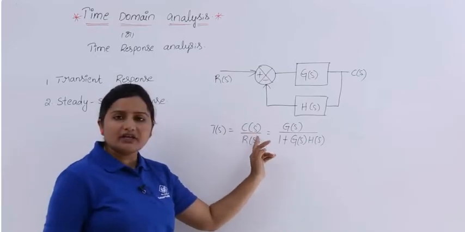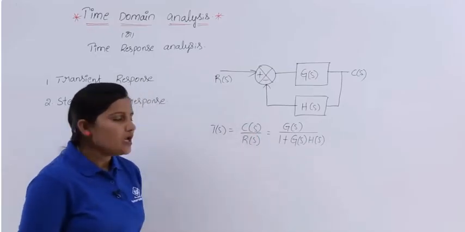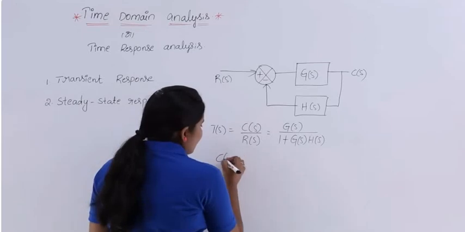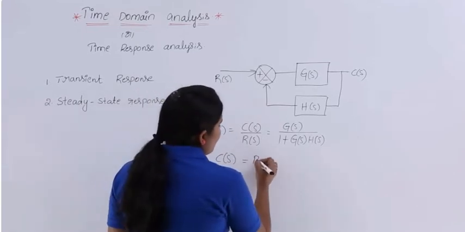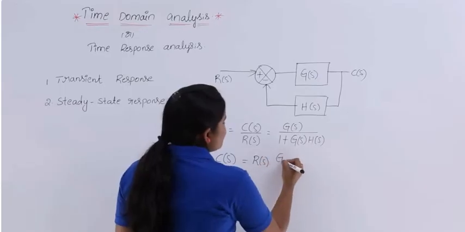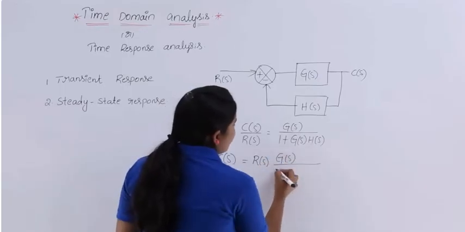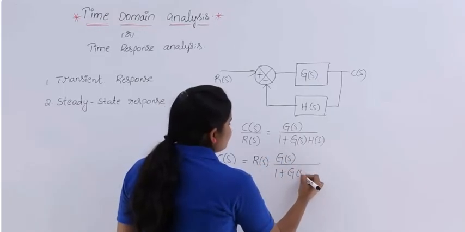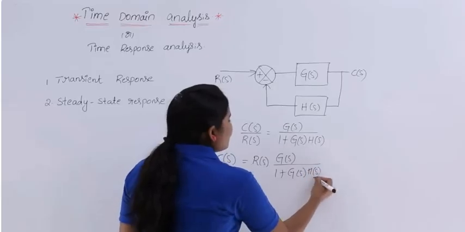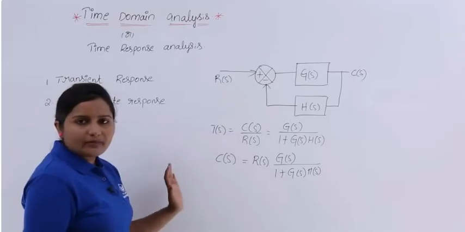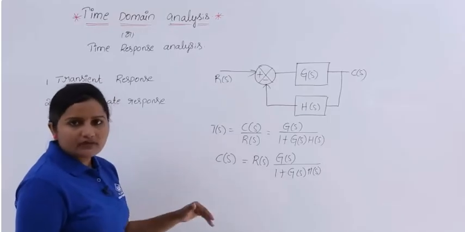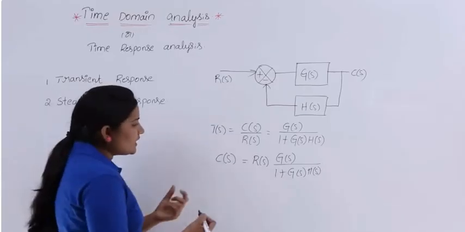Transfer function is nothing but output transform by input transform. So I can write the equation for C of S: C of S is equal to R of S into G of S divided by 1 plus G of S into H of S. Ultimately, to get the time response, that is, the output with respect to time, you need to get C of t.